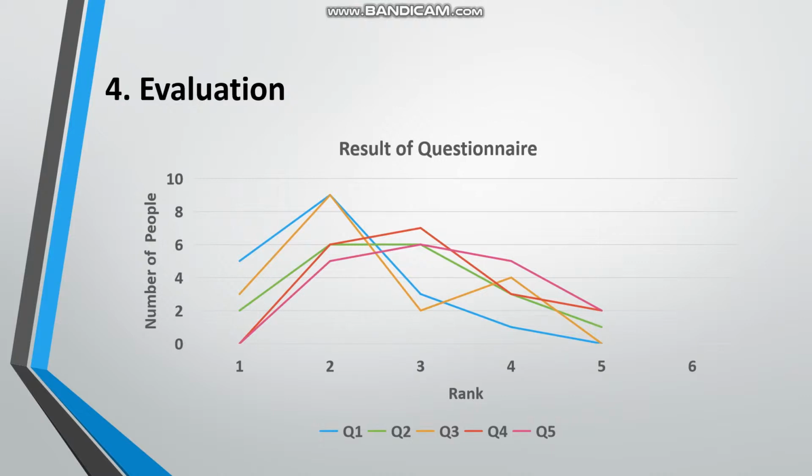But since the participants were not real elderly, it may result in a different situation in a real scenario. And for question 5, it is not surprising, as this is a handprint prototype. That's all for the evaluation.